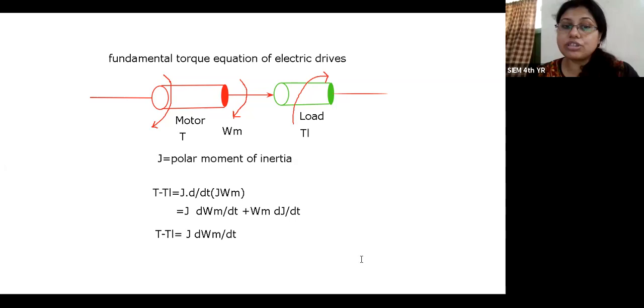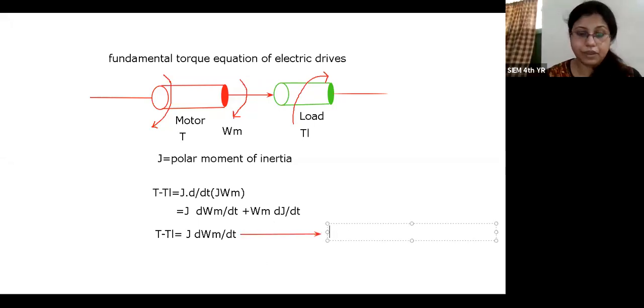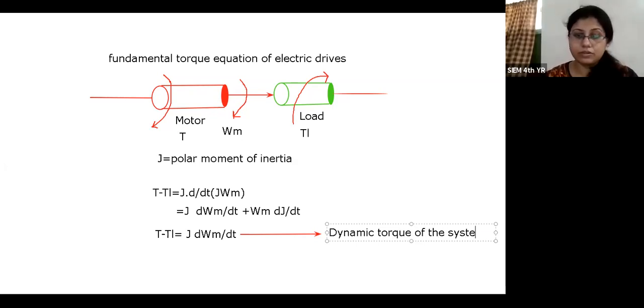Now J d omega m by dt is called the dynamic torque of the system.